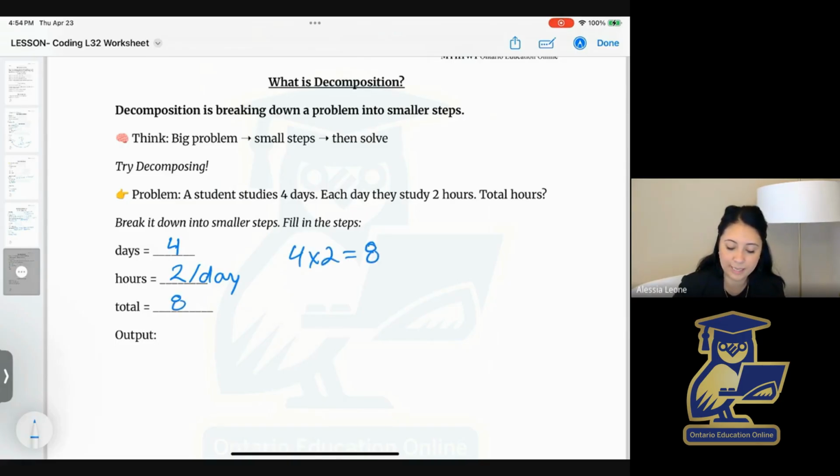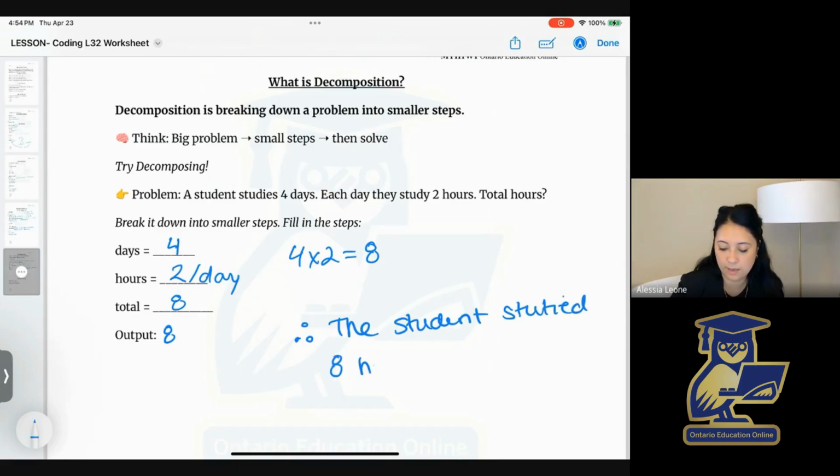So our total is 8 hours. Output equals 8. So we're going to write, therefore, the student studied 8 hours in 4 days.